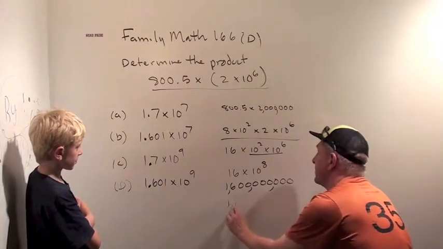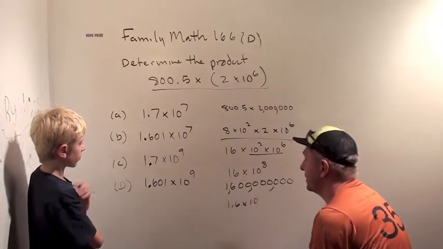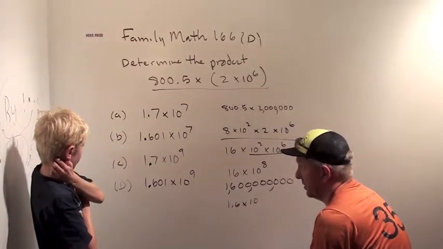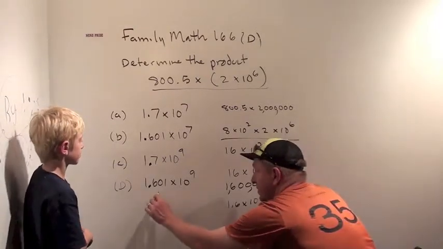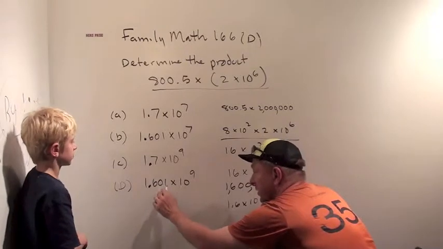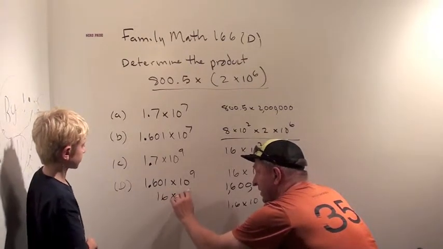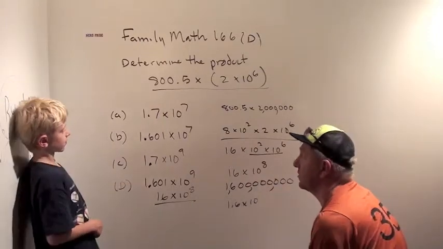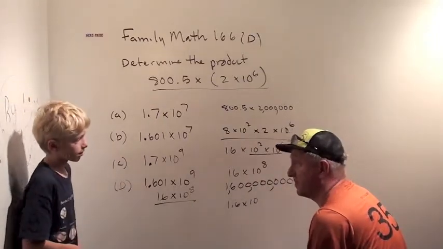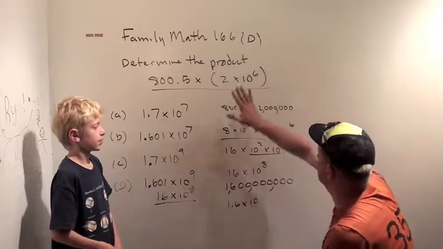So what is 1.6 times 10? It's 16. So this is the same as 16 times 10 to the 8th, ignoring the 01. So it looks a lot like that. We will get to this in a few years. That's okay, you haven't seen this at all.